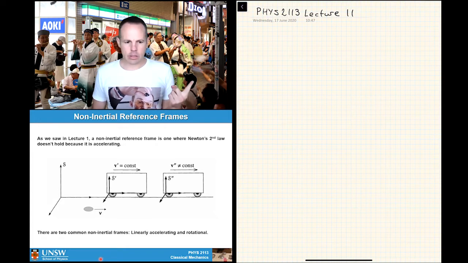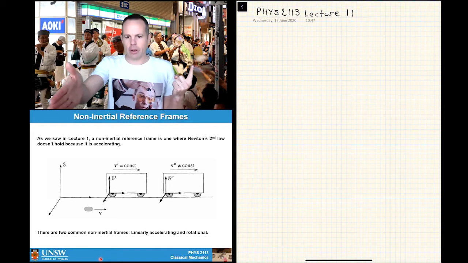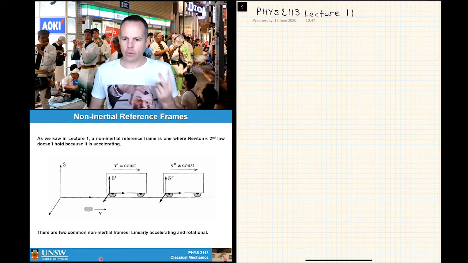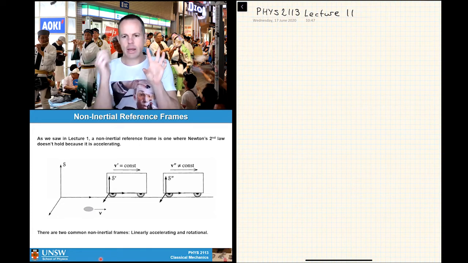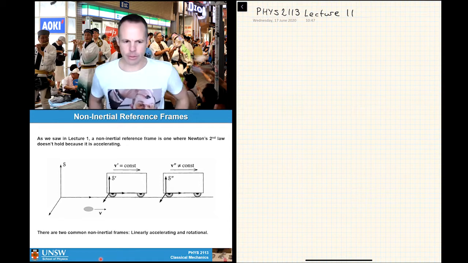One is linearly accelerating frames. So there's no rotational component to the motion. It's just either speeding up or slowing down. And the other is a rotational reference frame, and there, because the system is rotating, there's an acceleration implicit in that rotational motion.